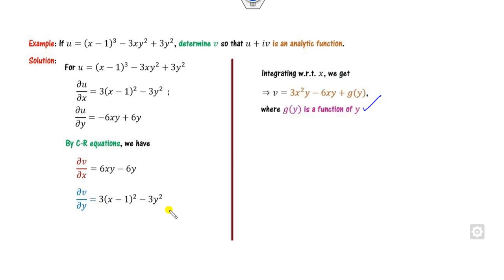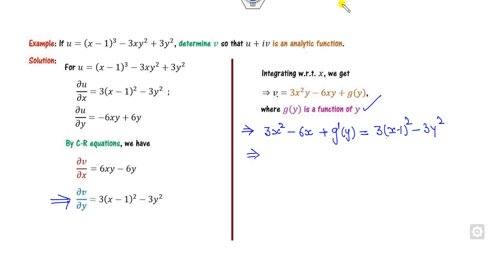I can substitute this value in my second equation, the partial derivative of this v with respect to y. So it is 3x square minus 6x plus g dash of y is 3 times x minus 1 whole square minus 3y square. Since it is the value of g dash y, this term must be cancelled out.